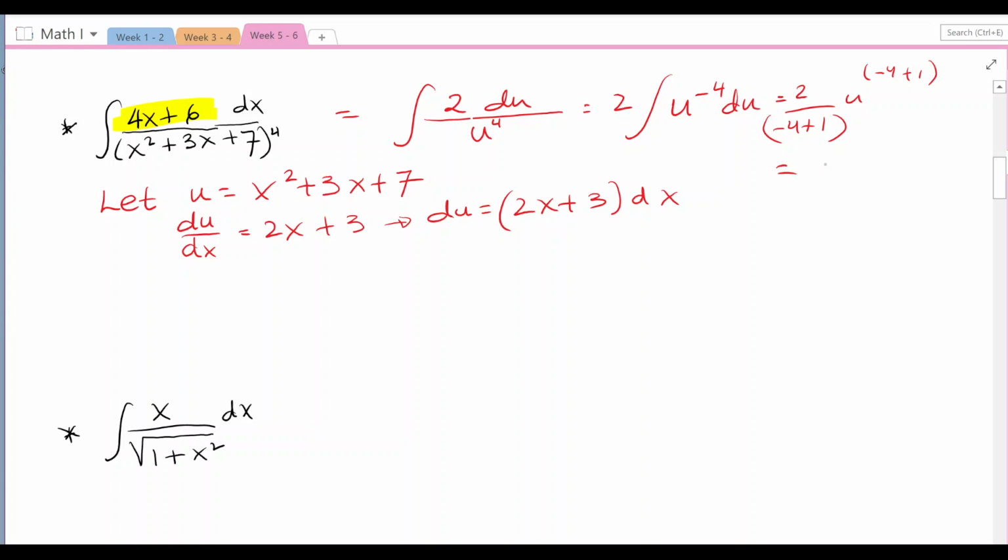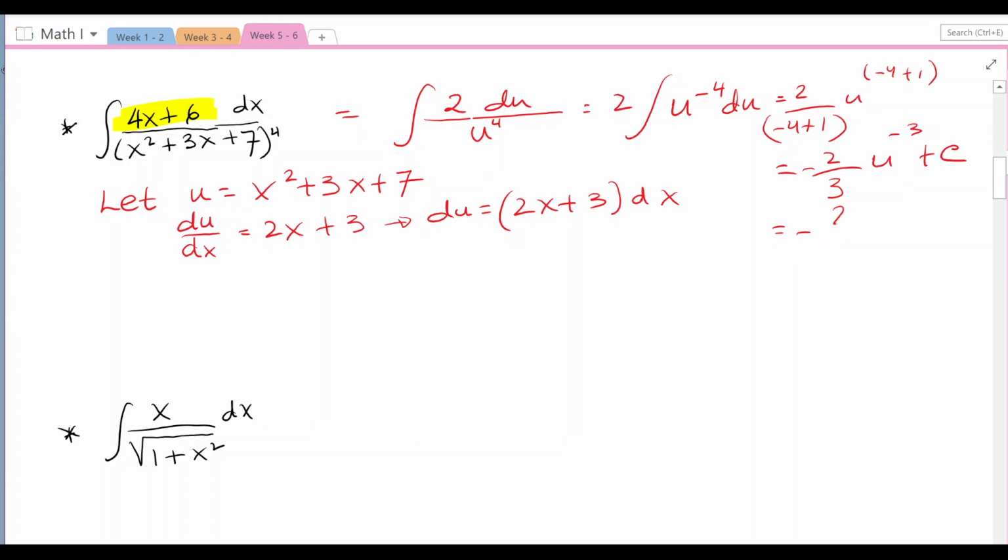So this equals 2 over negative 3 times u to the power of -3 plus a constant c.